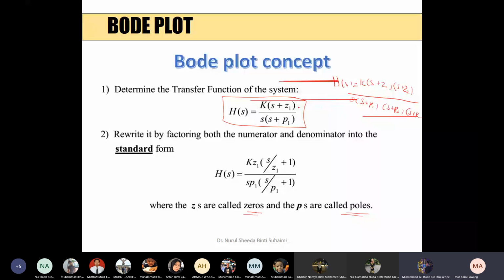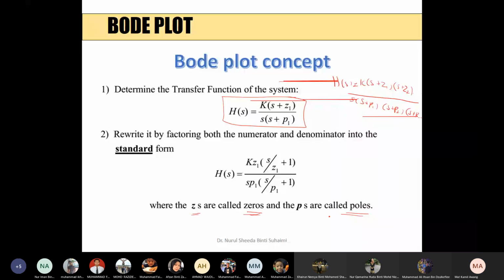In this case, s equal to minus z1, then the top one will be 0, right? So that's why it's called a zero. It's the value of s that makes the numerator equal to 0.